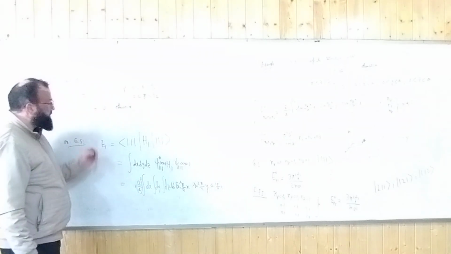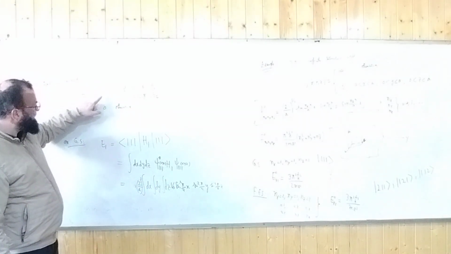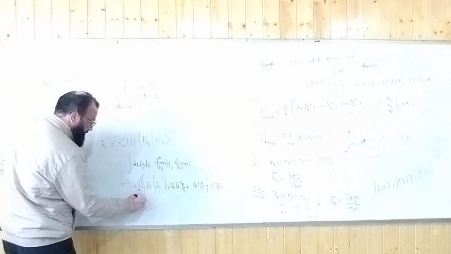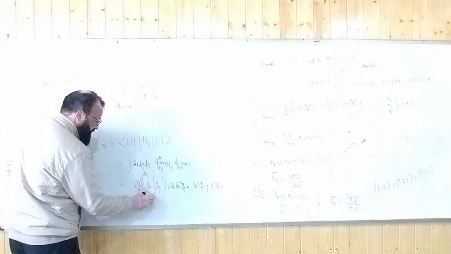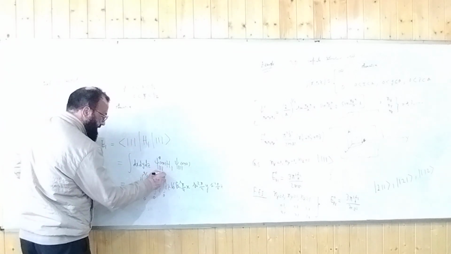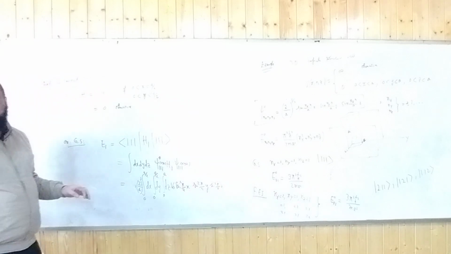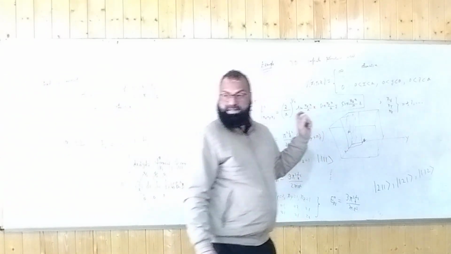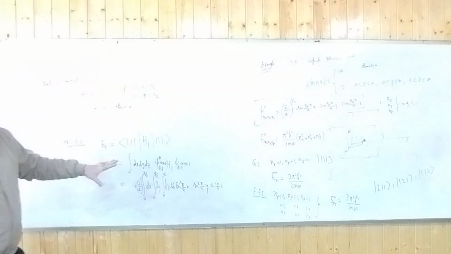H1 is non-zero for 0 to a by 2, so x goes from 0 to a by 2. What will happen to y? Simply 0 to a. Because the box is of height how much? 0 to a along the z axis. There is no change in the z coordinate.